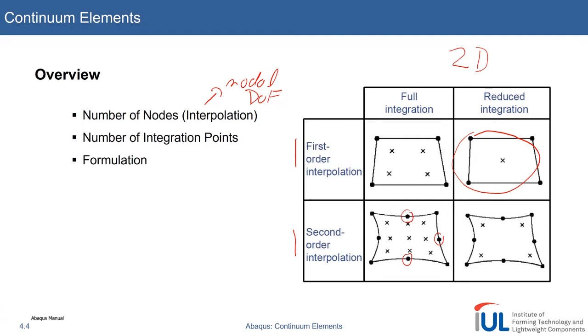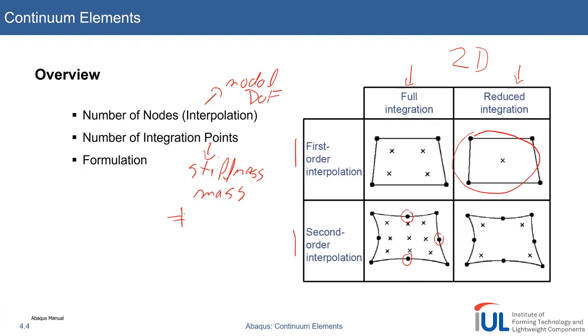The number of integration points, you cannot give specific numbers here, but you can say reduced is always of one order less than the full integration. So 1, 4, 4, 9, and so on. Integration points, I think you remember, are used for the stiffness as well as the mass matrix calculation.